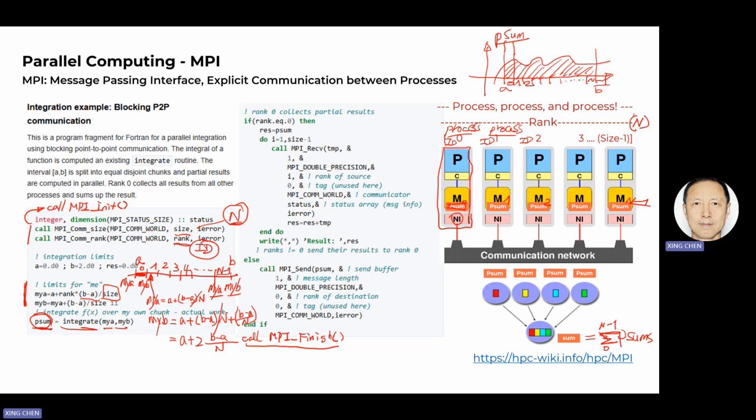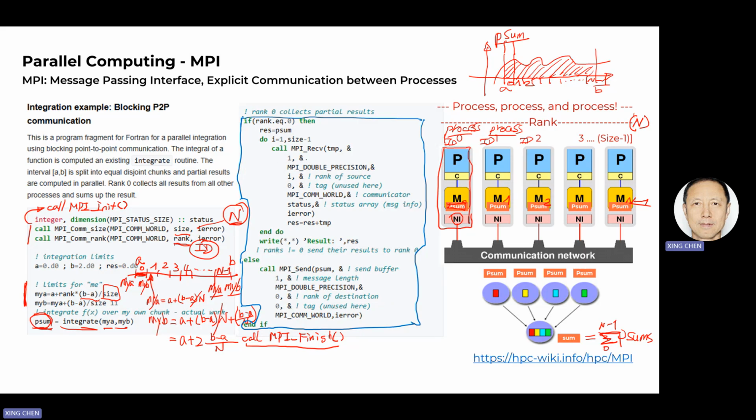How should we do it? Let me just change a color. One way of doing it is this one. We start from the if, and then the else, up to the end if. This is the piece of code to find out the sum, which is the sum of all these p-sums.